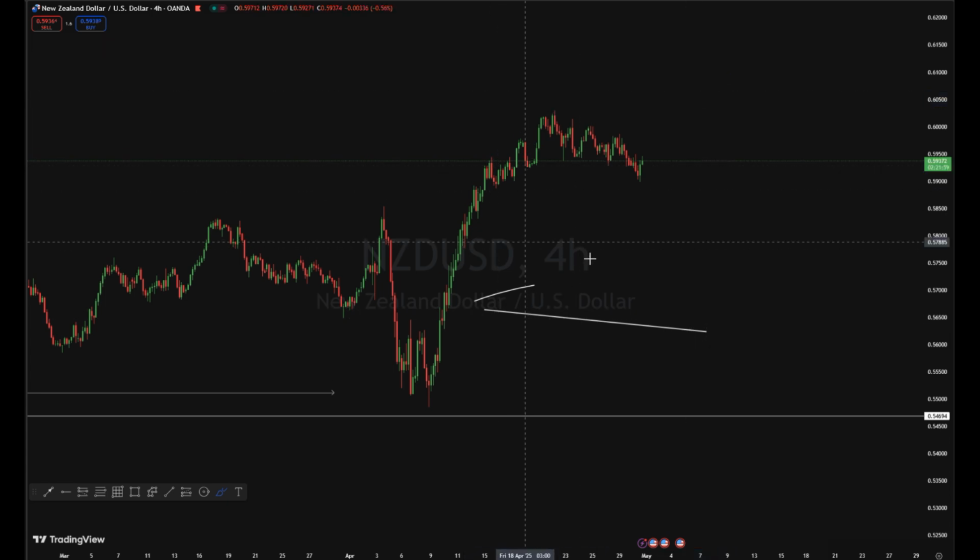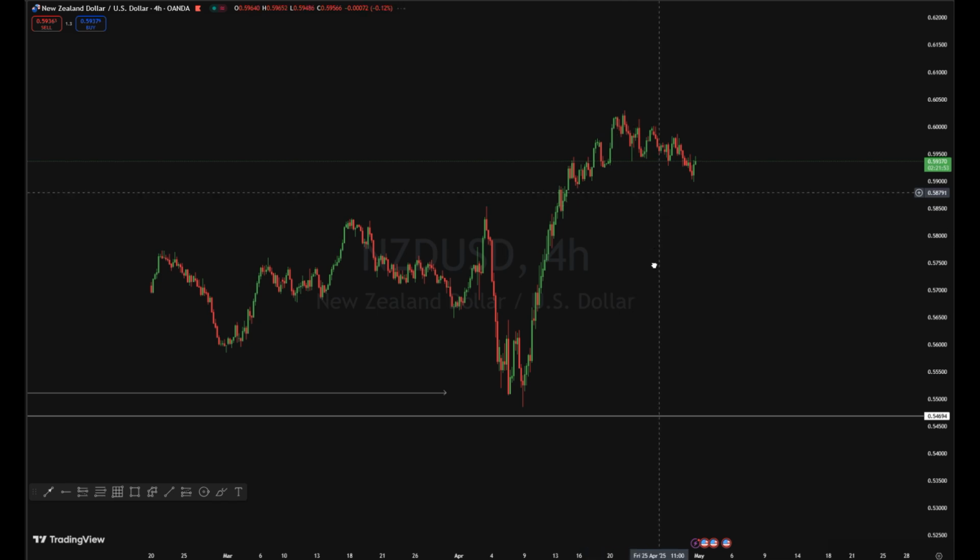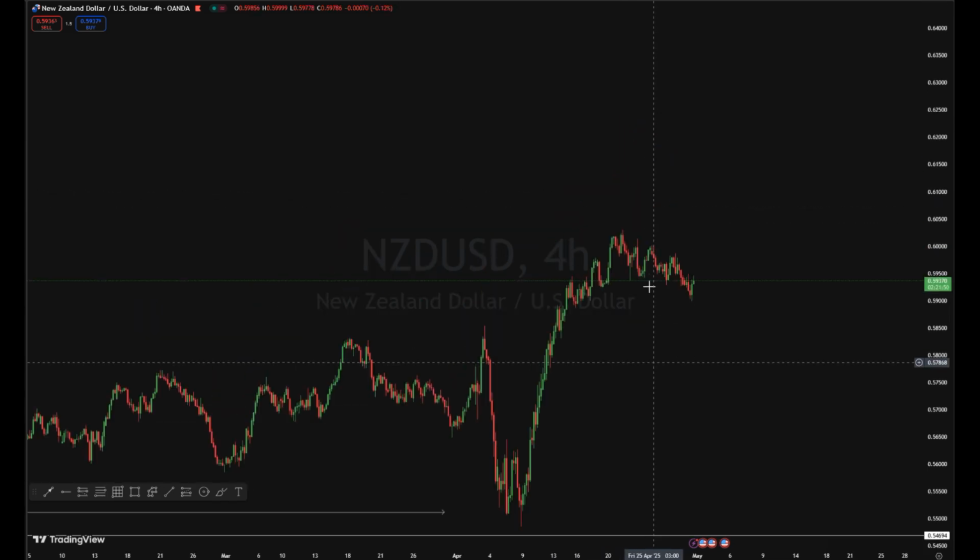The only risk about this one, guys, is that we are not in the golden run. The golden run, I'm talking about corrections that form right here, immediately after the impulse.